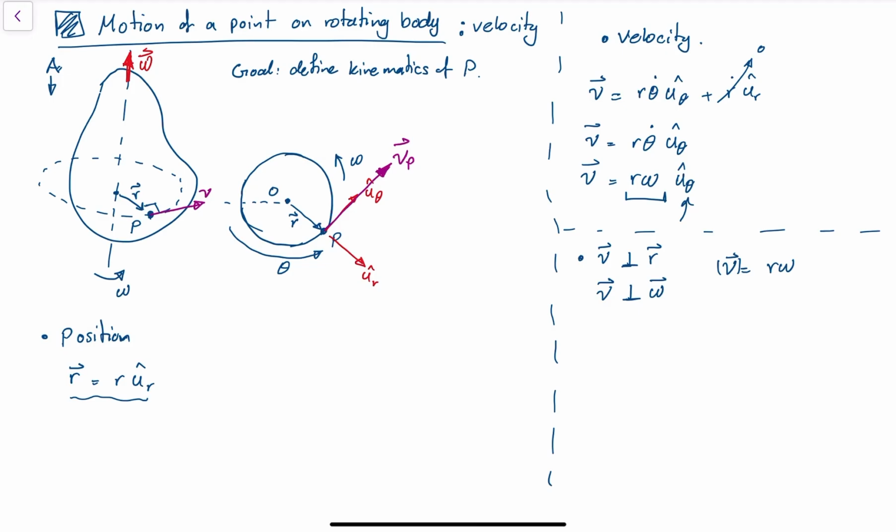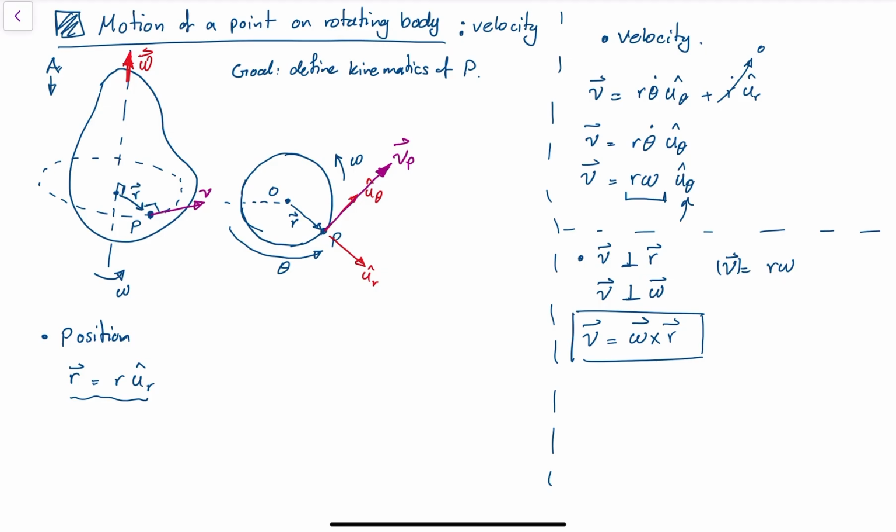And that means v is actually a cross product of these two. Remember, with cross product, if two vectors are cross produced, the resulting one is perpendicular to both, and the magnitude is magnitude of the first times magnitude of the second times the sine of the angle between them.